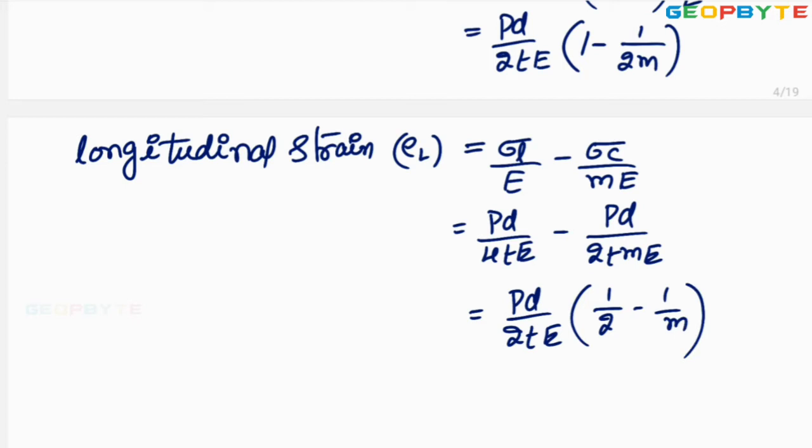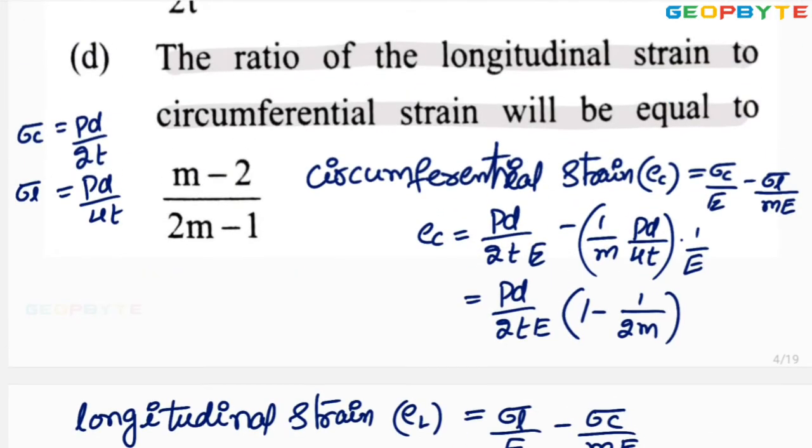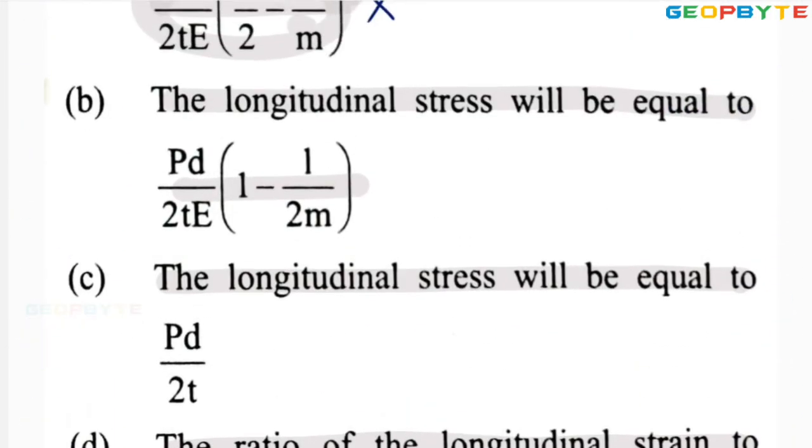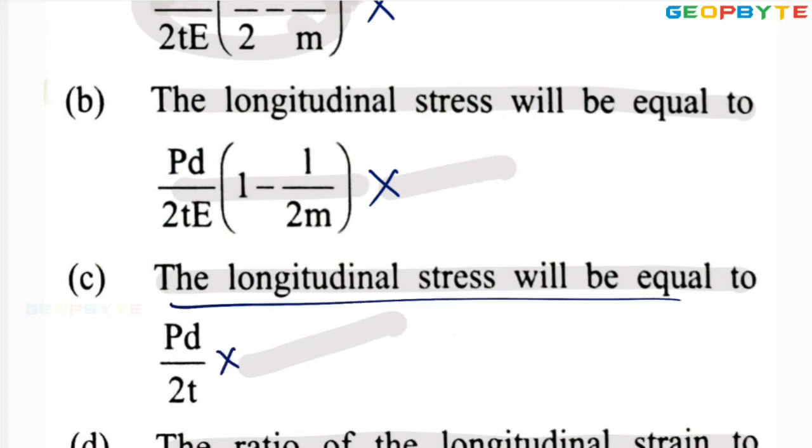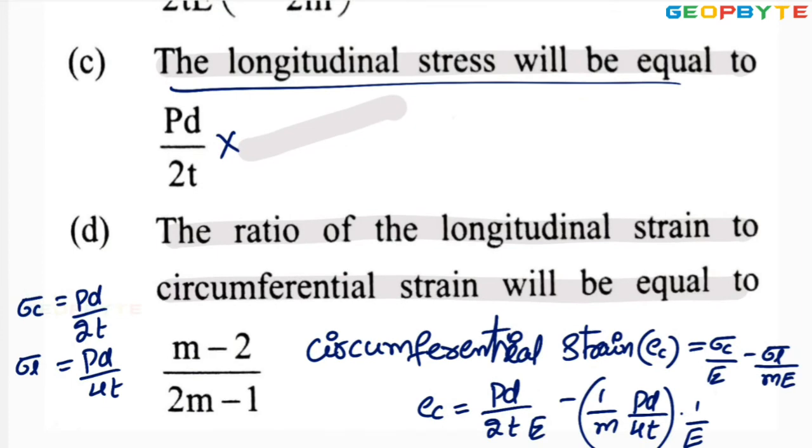This is the longitudinal strain. Is that option given? No, longitudinal strain is nowhere given; longitudinal stress is given. So this one is not correct. And this one gives the circumferential stress as longitudinal stress. Option C also is not correct. Therefore, definitely D might be correct, because A, B, C are not correct.